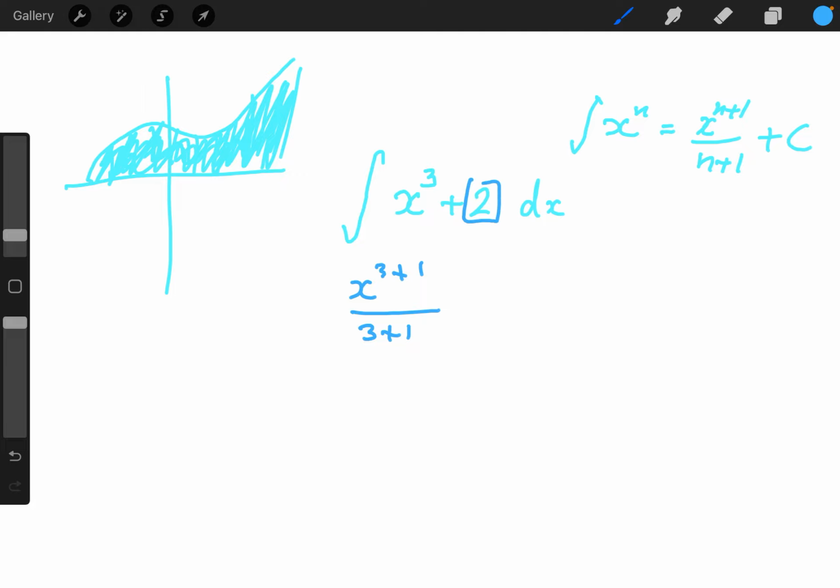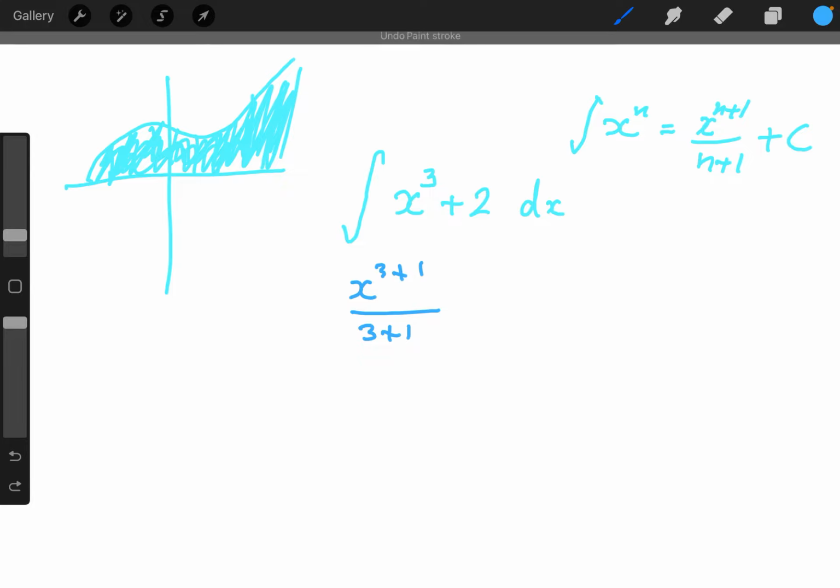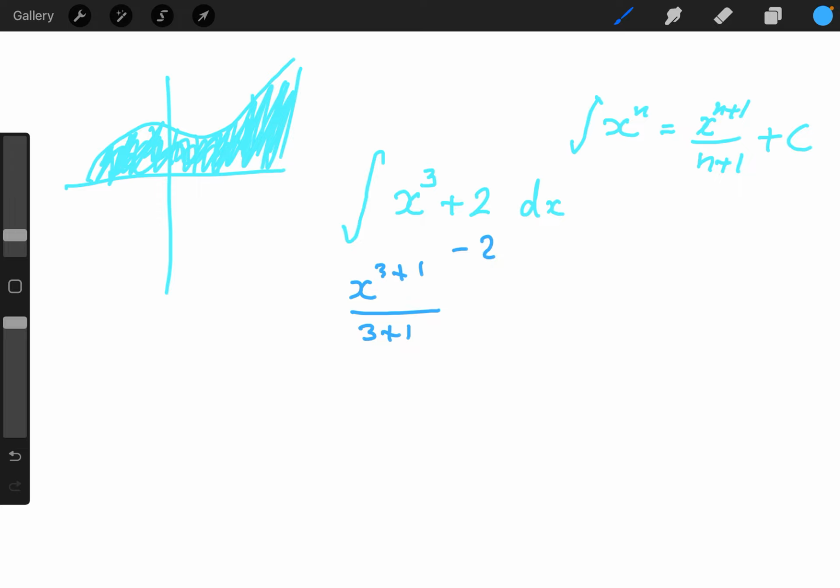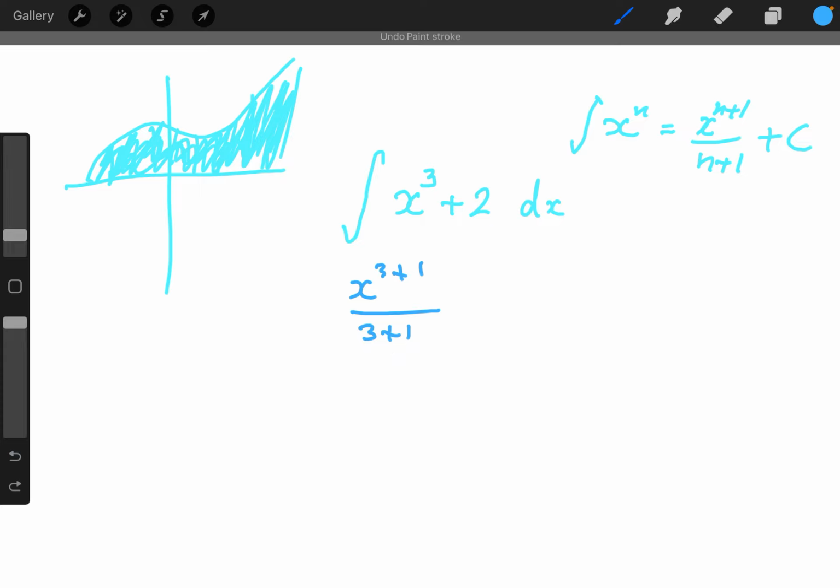And, alright, for integrals, note, when there is a constant like 2 or whatever, just a normal number at the end, it could be minus whatever, just a constant, what you do is you just put an x on the end. That's it.